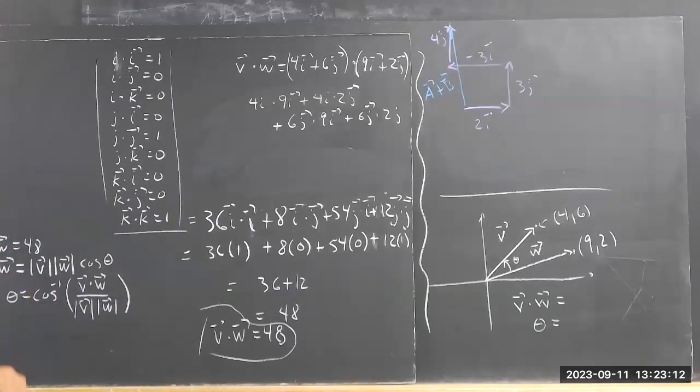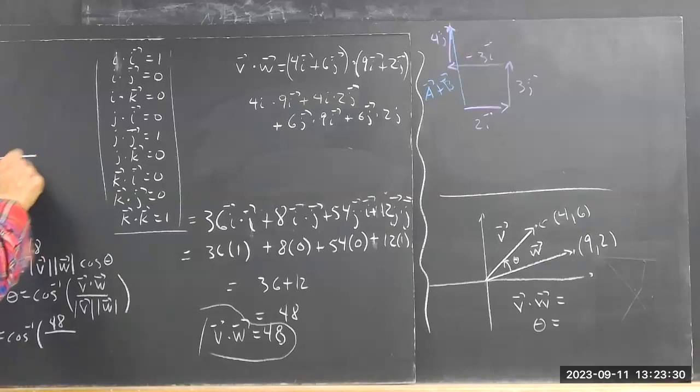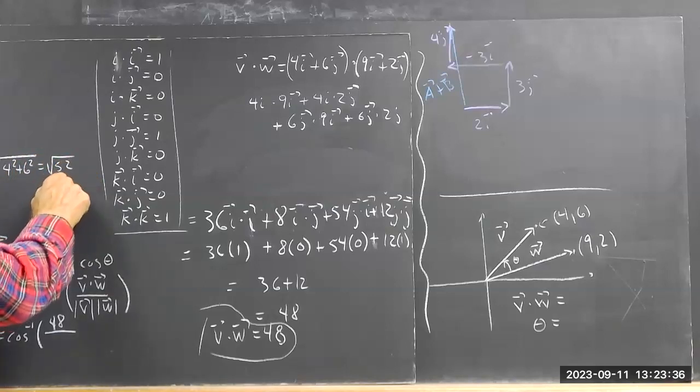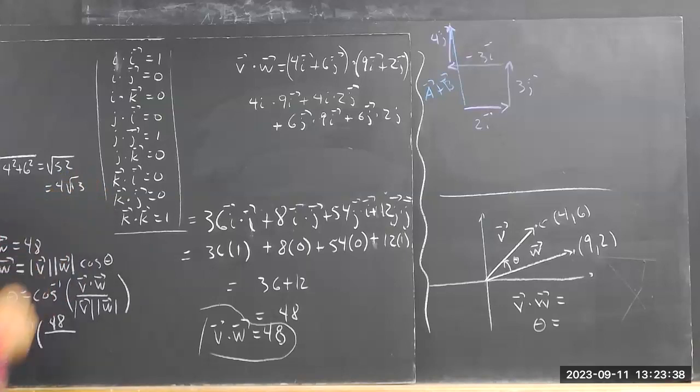Now, we know V dot W. What's the magnitude of V and what's the magnitude of W? We don't know that yet, so we'll just calculate it up here. Magnitude of V is 4 square root of 13.